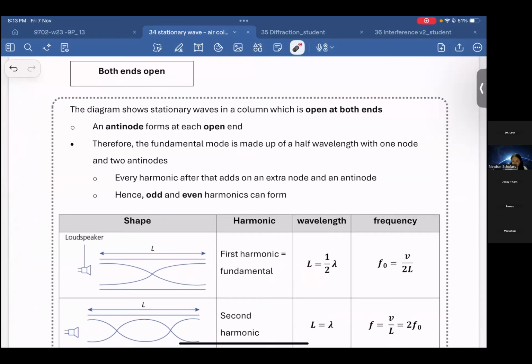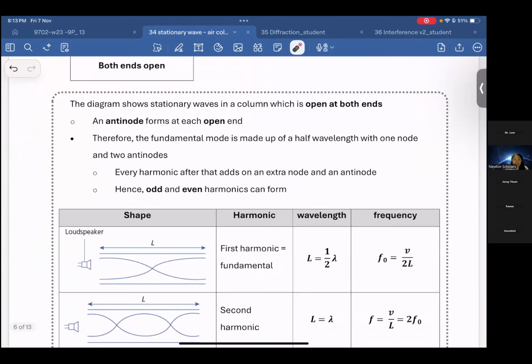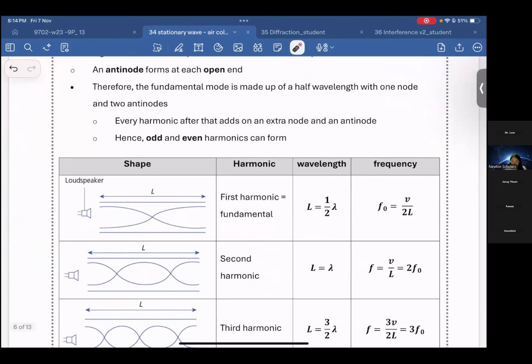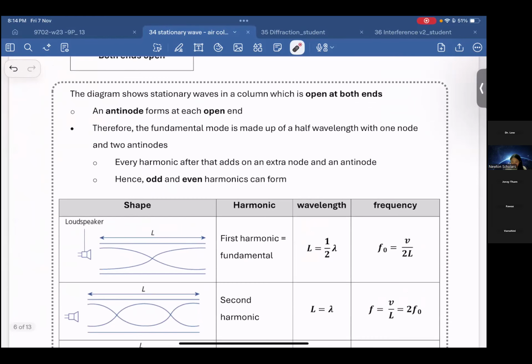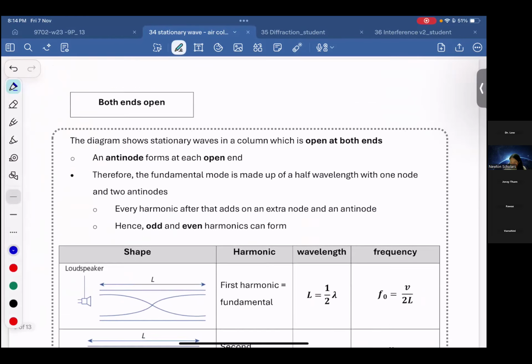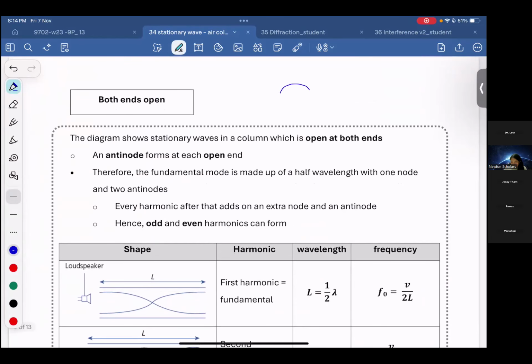Now, third case, both ends open, okay? Open must be anti-node. Actually, it's the same thing, dear. For example, this is one complete wave, like this.